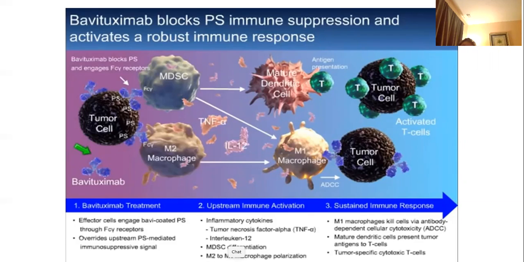Now, how we can turn it into our advantage is to load those antibodies into platelet nanoparticles and get those antibodies into the tumor and not everywhere. And that's what Dr. Patel is doing.